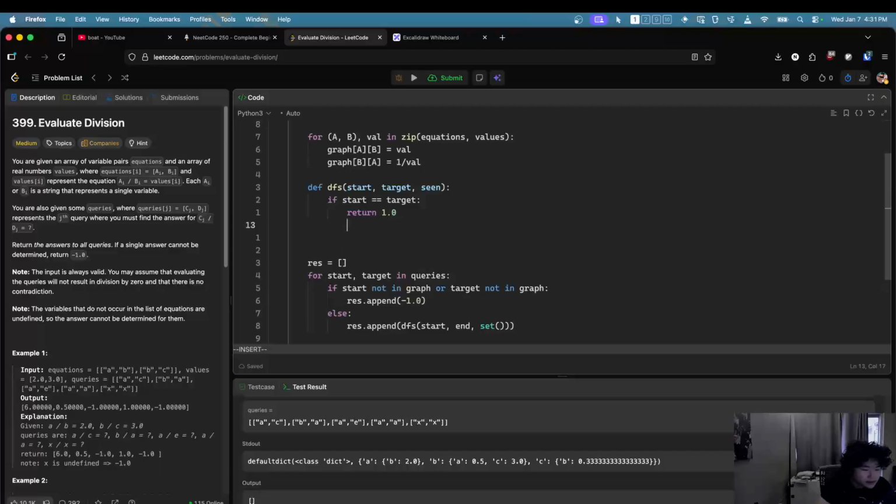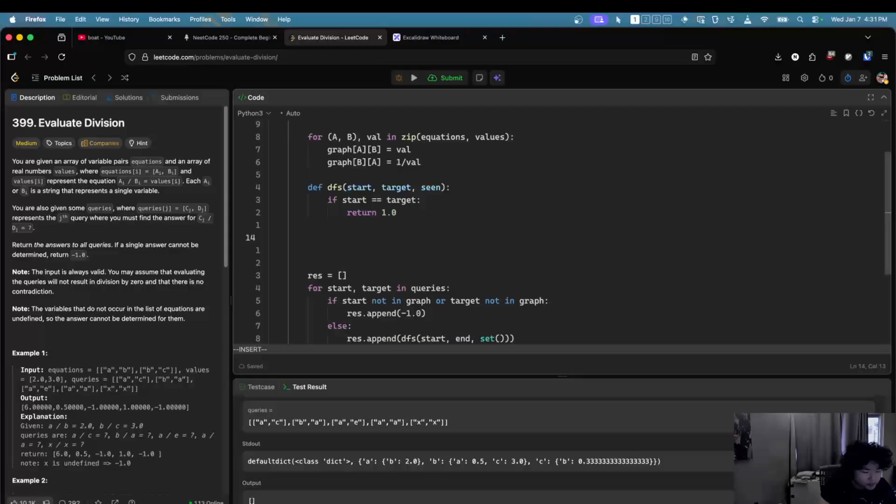Perfect. So now the base case is once you've reached the target. It doesn't affect the answer, we just find the one. Basically, we want to multiply all across as we traverse the graph.